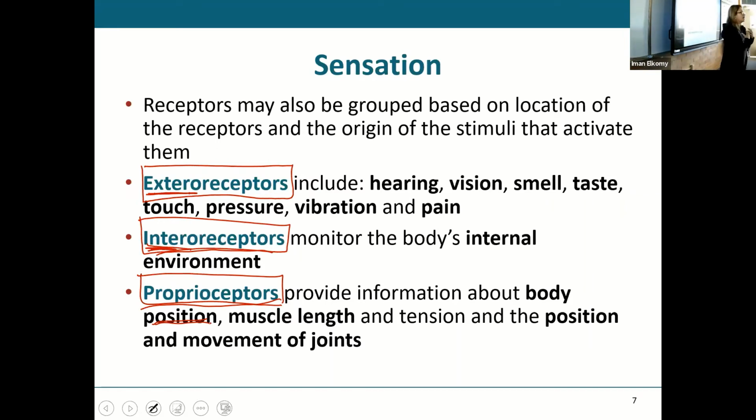This is why if I'm standing, I know that I'm standing without having to look and see my feet on the ground. Or if I hold one foot off the ground without seeing it, I know my knee is bent. It's because I have these proprioceptors in my joints and in my muscles telling me that my leg is bent. Make sense? Okay.